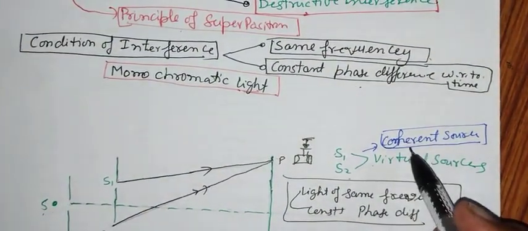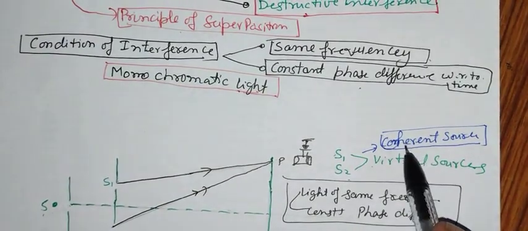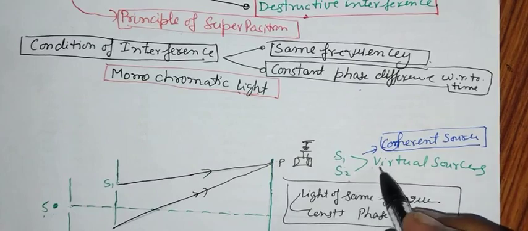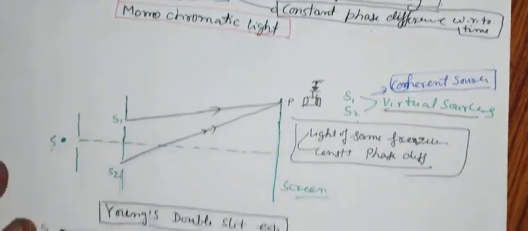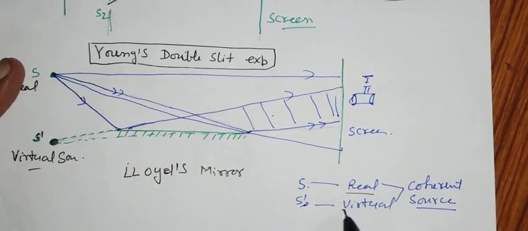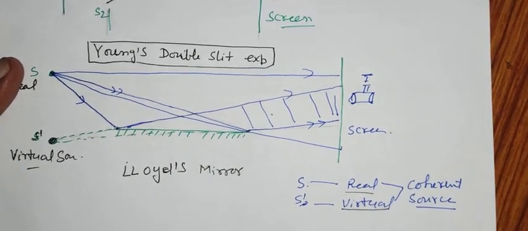So two coherent sources can be both virtual, or one real and another virtual.